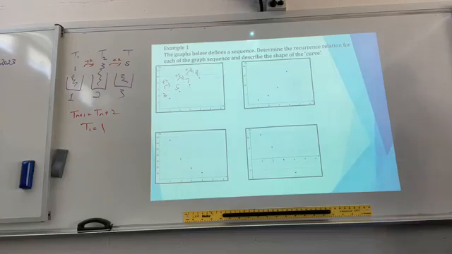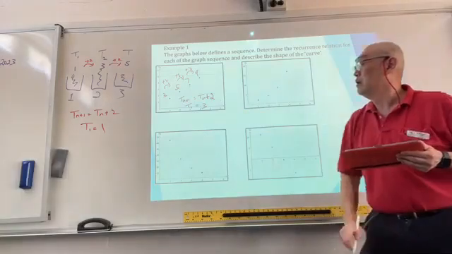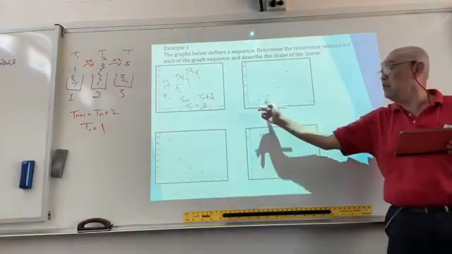I think it's 2. Correct? Yeah? Tn plus 2. Yep. So therefore Tn plus 1 equals Tn plus 2. All right? And therefore, you need to specify T1. T1 equals 3. All right? Always start with 1.